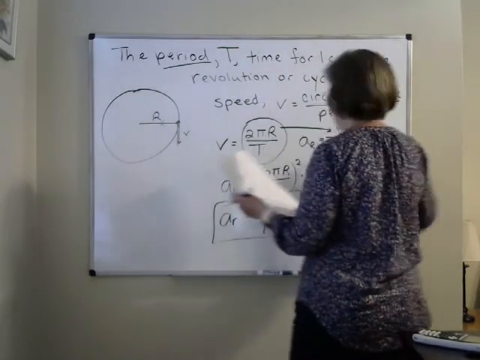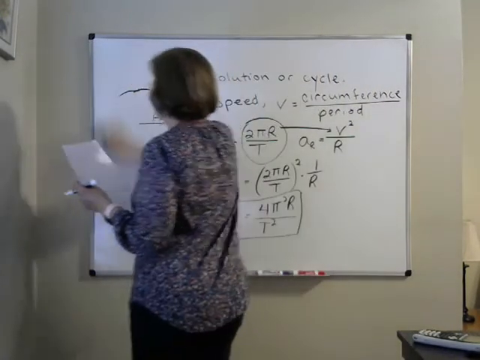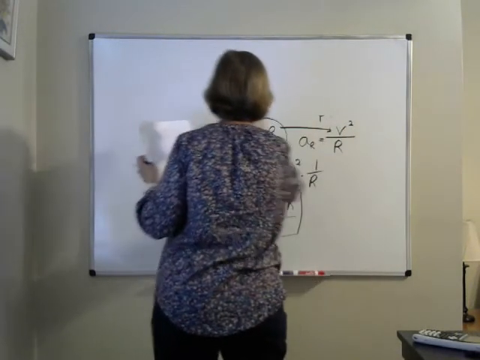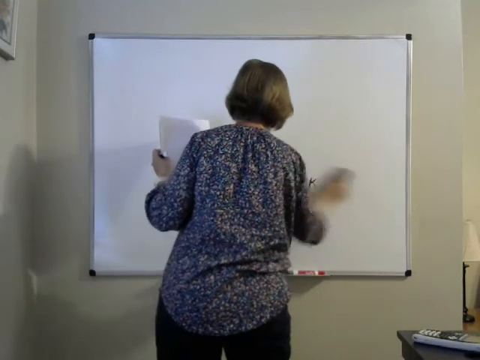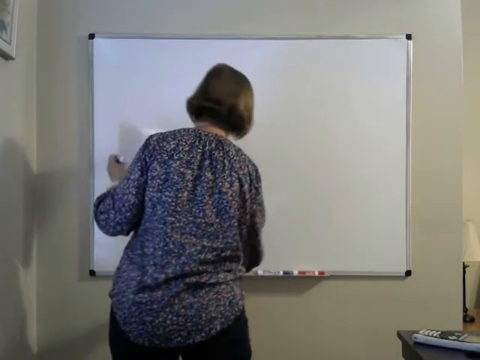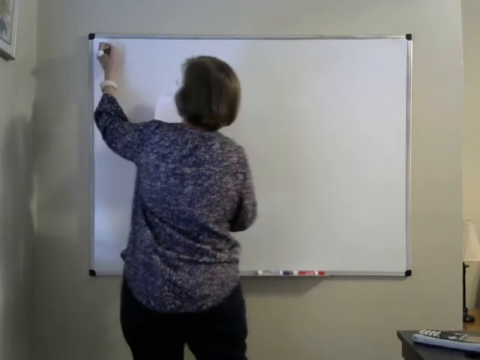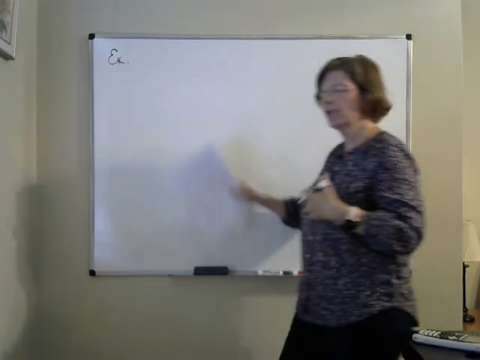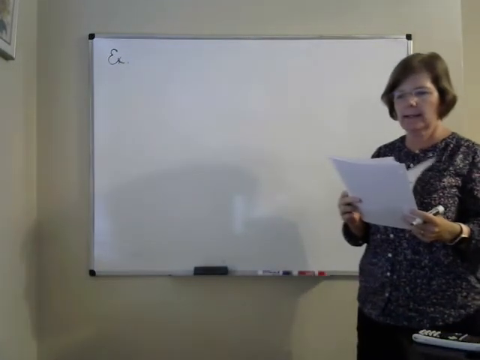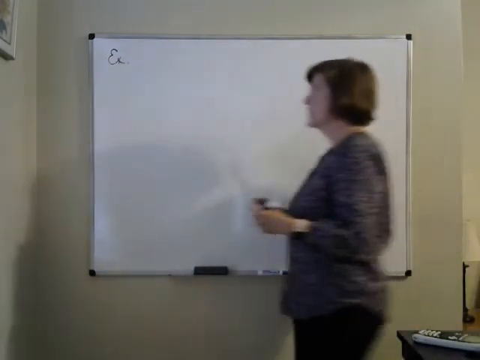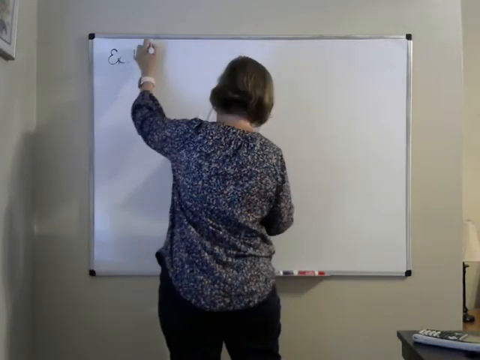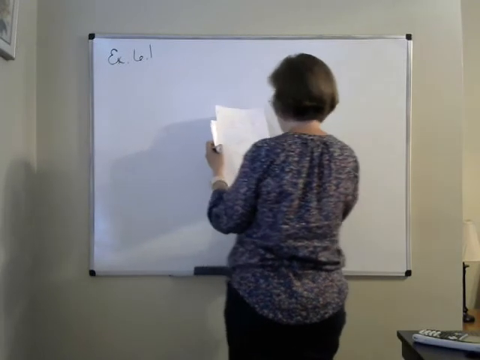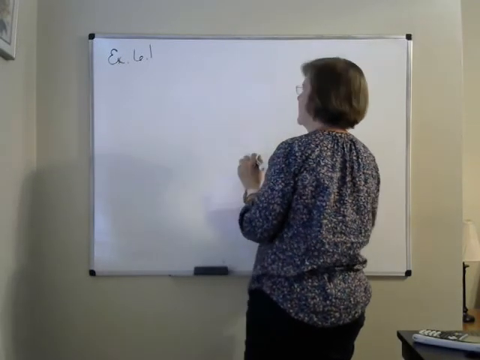Let's look at an example. And this example is right out of your textbook. I think it's example 6.1. Yes, it is example 6.1. And it says we have a toy airplane on a 5-meter string, and it has a mass of 0.50 kilograms.